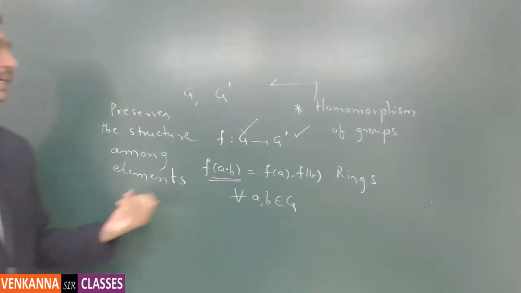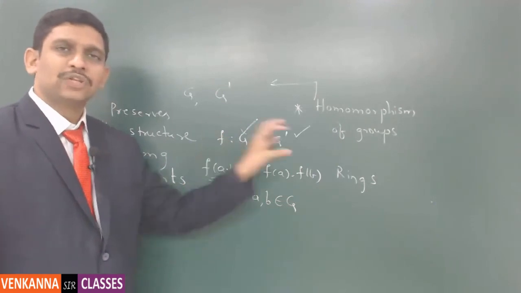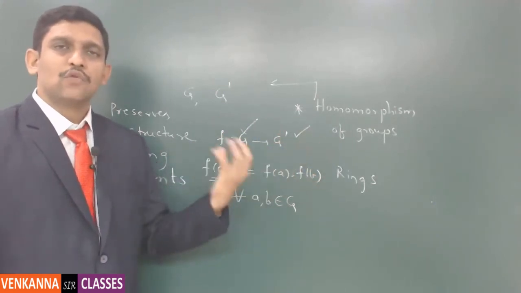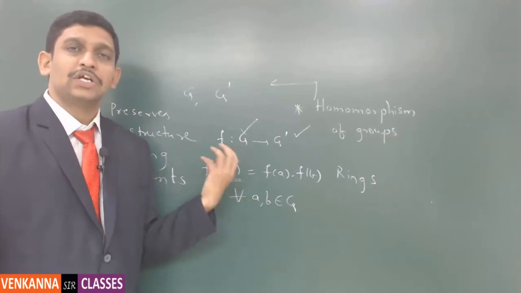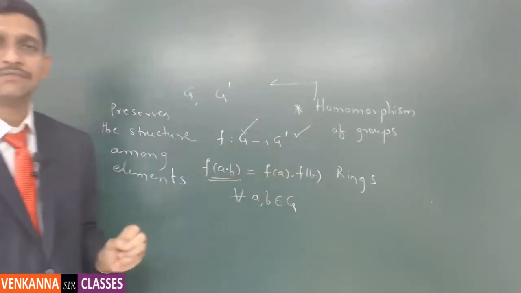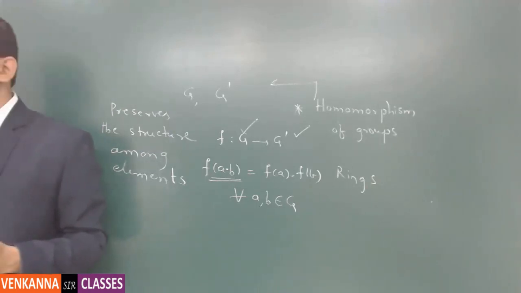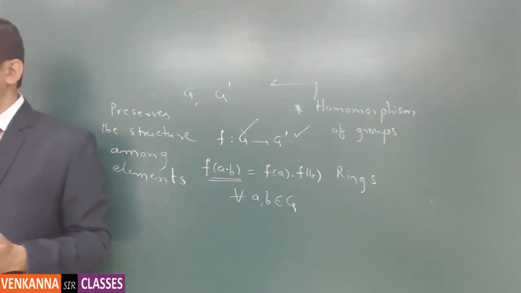In one way we can say that it maps the arrangement of the left hand side to the arrangement of the right hand side. So whatever the structure on the left hand side, you can find a similar structure on the right hand side between the images. Okay? Is that clear to everyone? Please take a note of that. After noting, let me know.